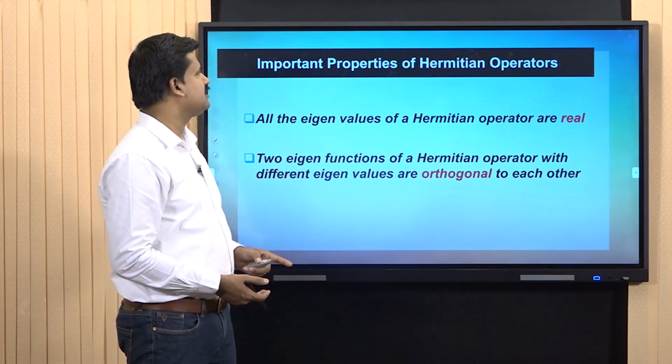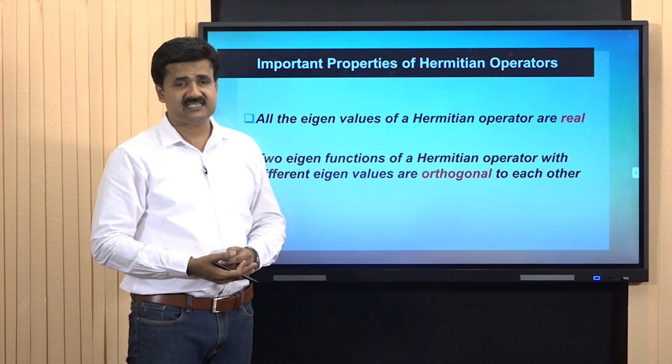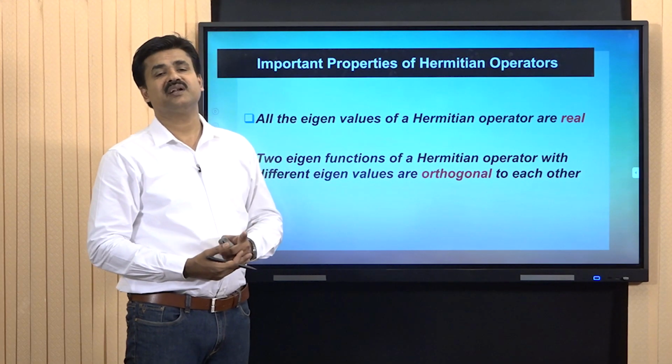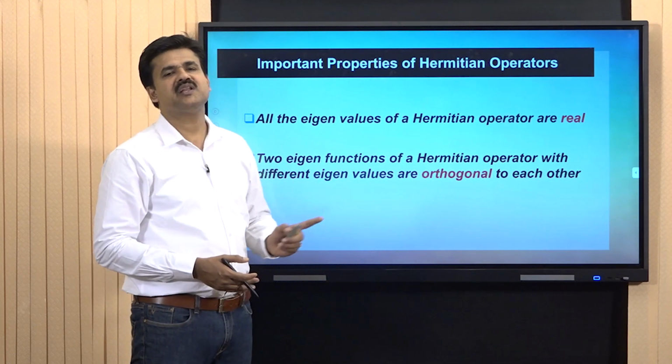The second striking feature of Hermitian operators is that two eigenfunctions of a Hermitian operator with different eigenvalues are mutually orthogonal to each other. That means eigenfunctions are mutually orthogonal.